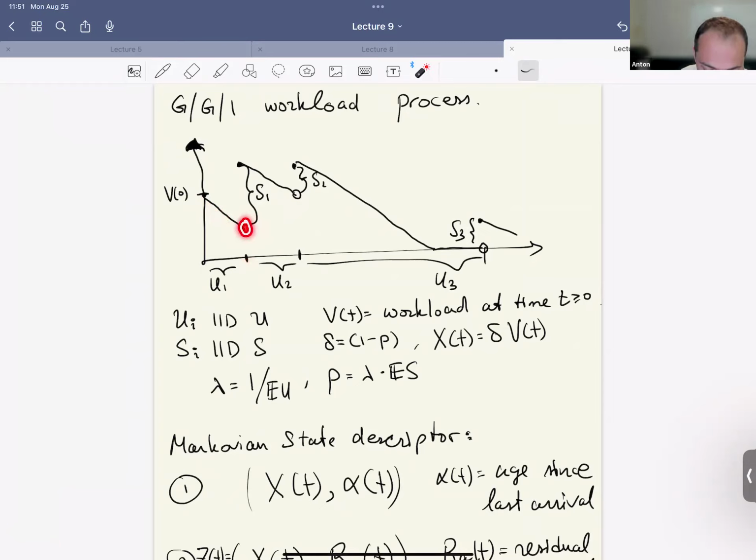But notice here the workload jumps right when the arrival time was supposed to be zero.